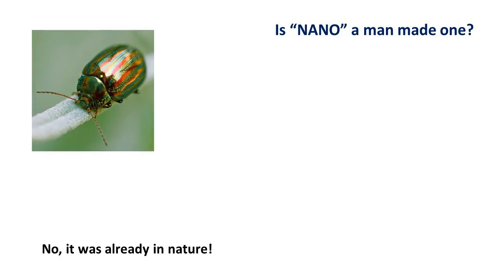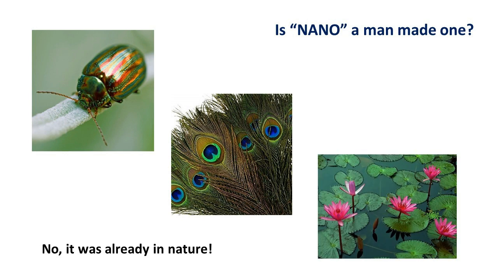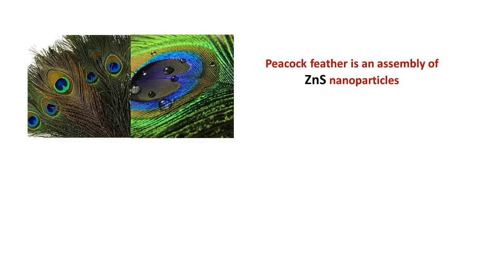Is nano a man-made one? No, it was already in nature. You see the surface of a beetle, a peacock feather, a lotus leaf. These are all very good examples of nanomaterials inside. Peacock feather tells you stories about nano dimensions.